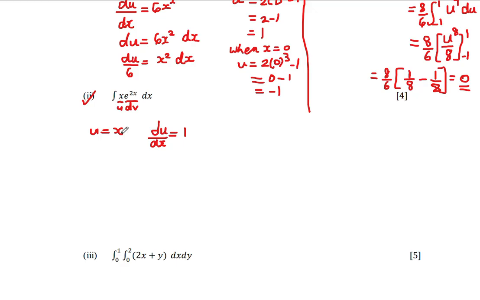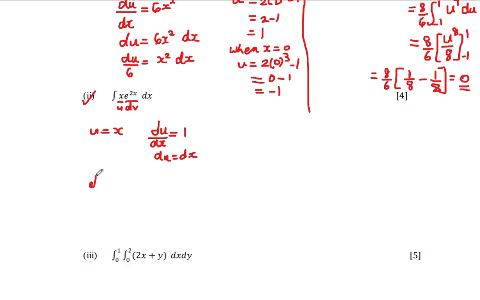So this, of course, could simply be expressed as du equal dx, because we would multiply both sides of the equation by dx so that the expression is in terms of du. So du is equal to dx.